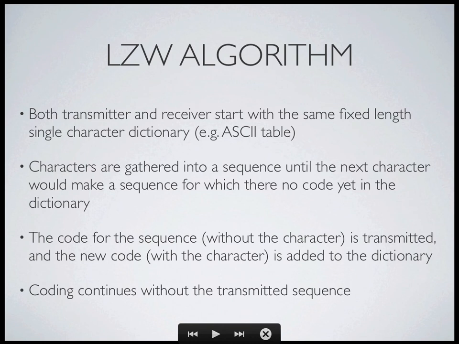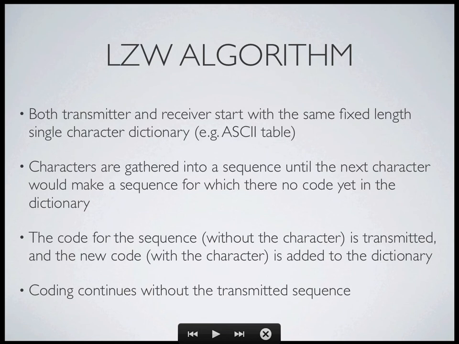The idea is that both the transmitter and the receiver start with the same fixed length single character dictionary, probably the ASCII table. In reality, some of the space at the bottom of the ASCII table which isn't used, they might dispense with or use for something else. Or they might decide, for convenience, we'll just start with the ASCII table, it's no great loss. Okay?